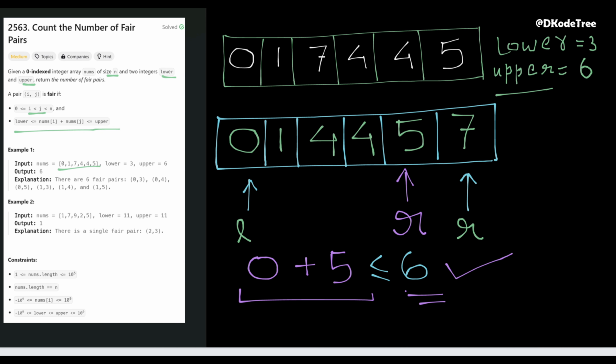So from this we can find the total number of pairs which include 0, such that the sum of the pair is less than or equal to 6, using this simple equation, r minus l. I have noted down the indices also for ease of calculation. In this case, r minus l will give us 4 minus 0, that is equal to 4.